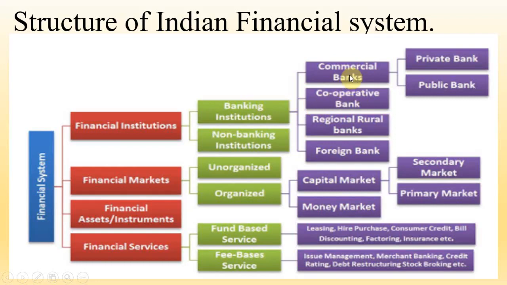Commercial banks, that is State Bank, Syndicate Bank. Cooperative banks, that is KDCC Cooperative Bank, Sirsi Urban Cooperative Bank. Regional Rural Bank means Karnataka Vikas Gramin Bank. Then foreign banks, like American banks. Then next, in commercial banks there are two types, public banks and private banks.